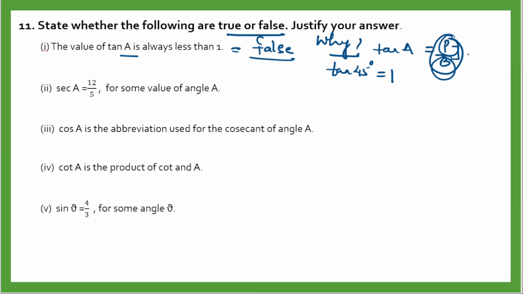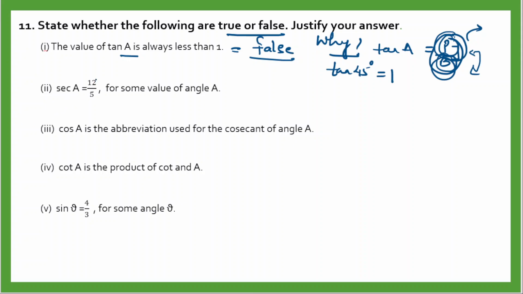When perpendicular and base both are equal, our value is 1. And after that our value increases because perpendicular value increases. If perpendicular is more, then the numerator part is more and the denominator is less. So our value of tan A is greater than 1. So there is a possibility that our value is greater than or equal to 1.